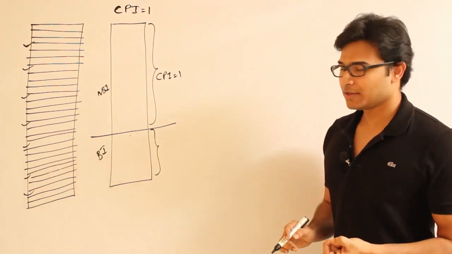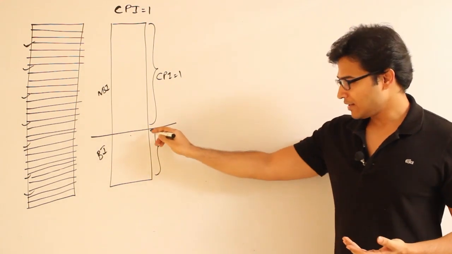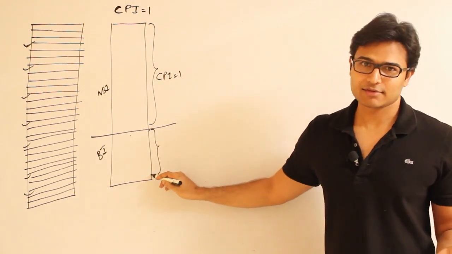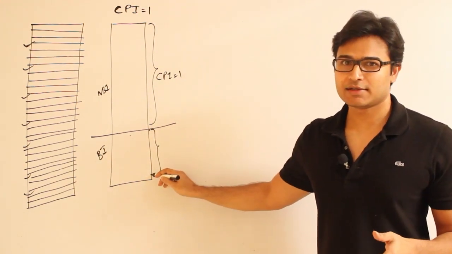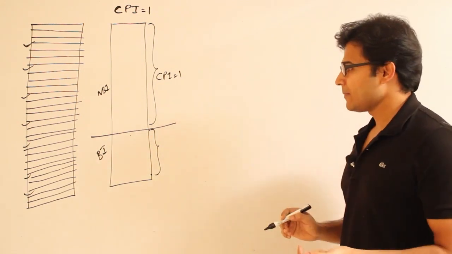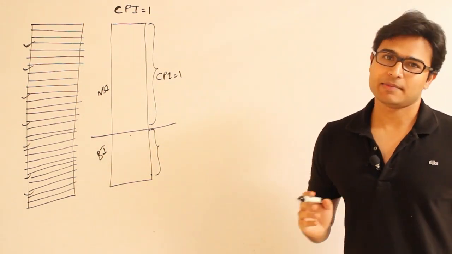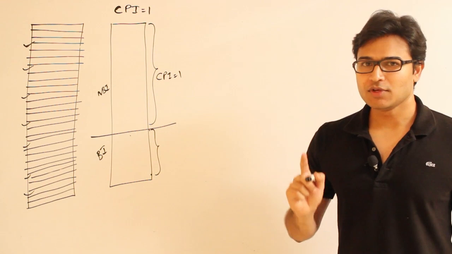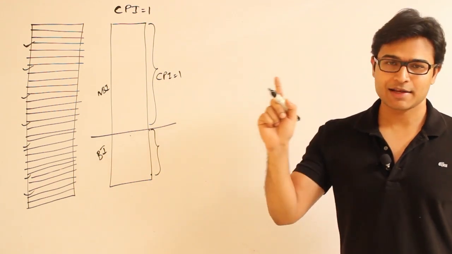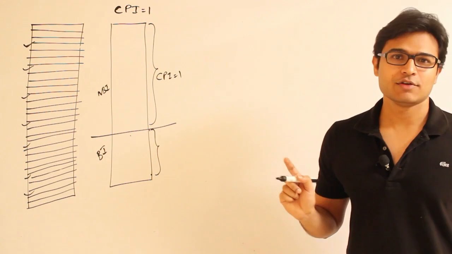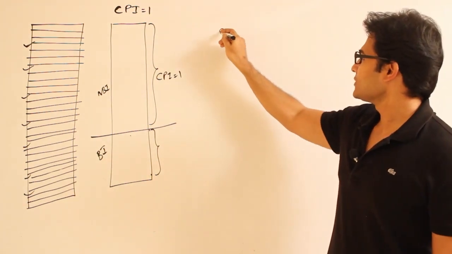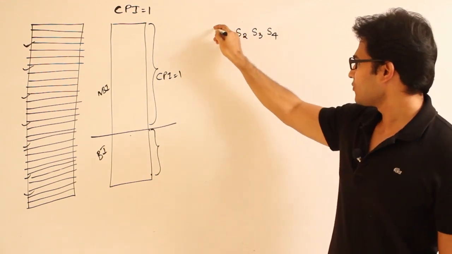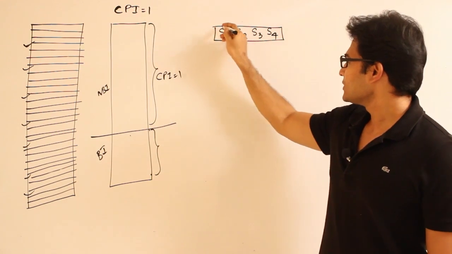Now let us examine what the CPI will be if the program contains only branch instructions. Assume that we have a 4-stage pipeline, S1, S2, S3, S4, and the output of the branch, which means the branch address, will be known only at the end of the 4th stage.